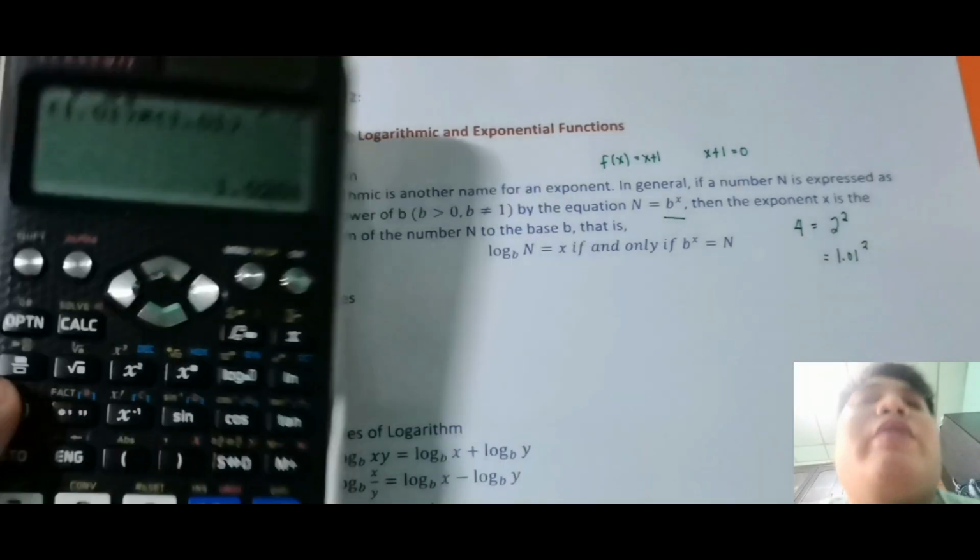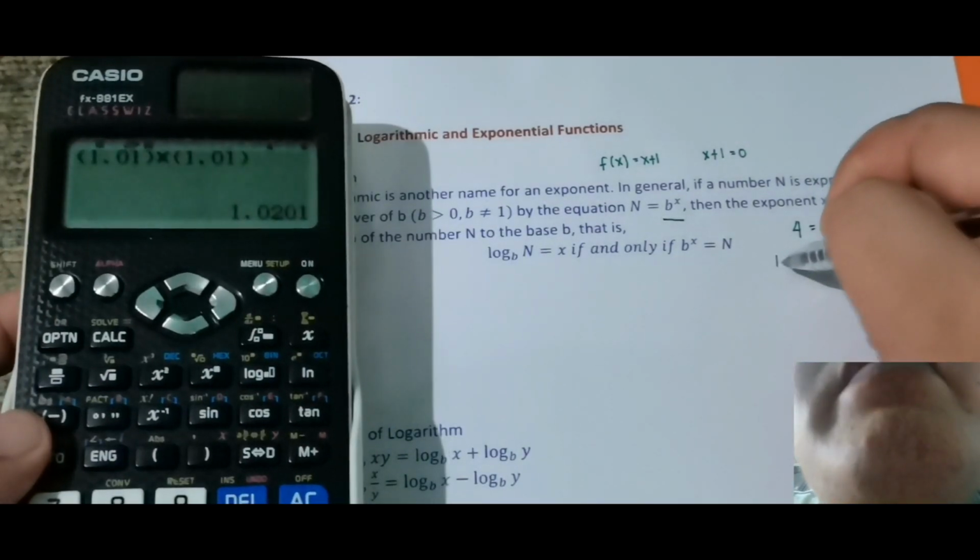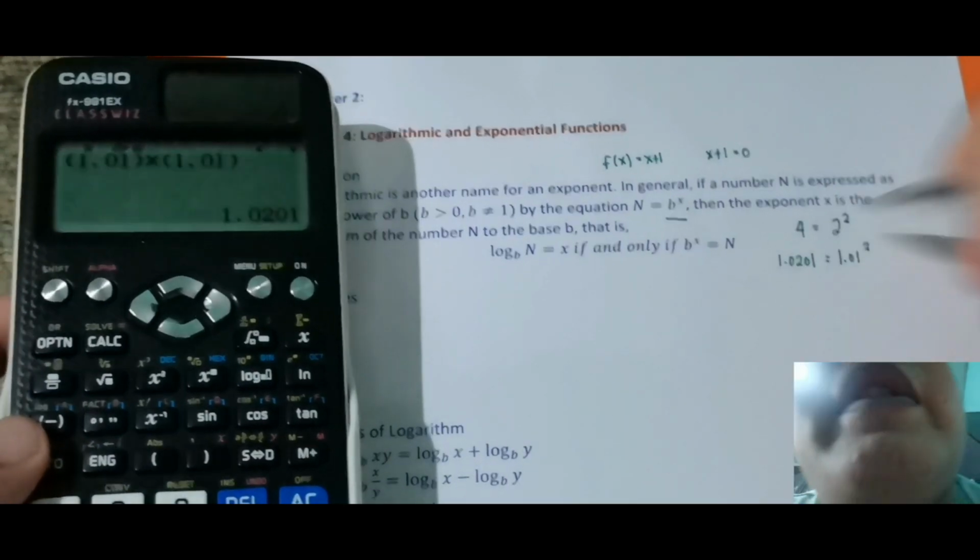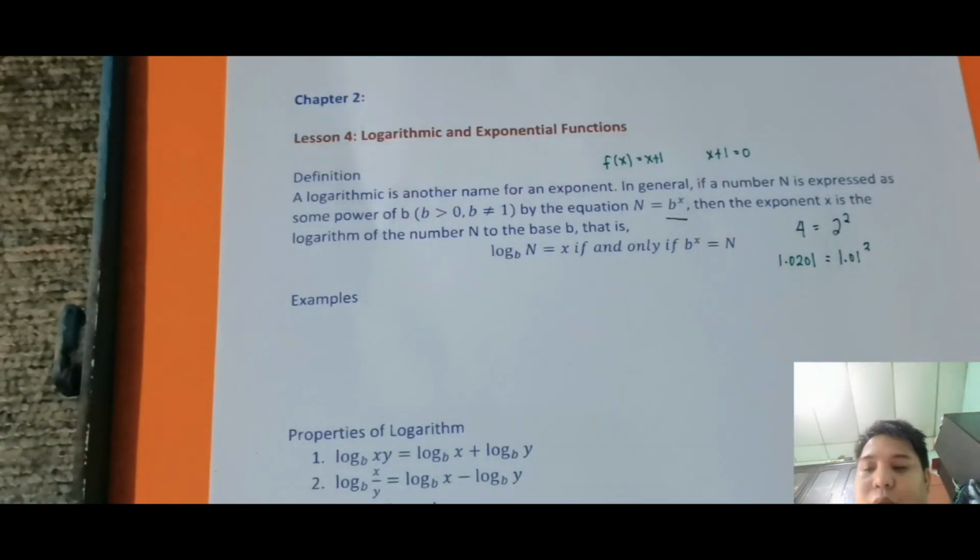Okay, so this is simply 1.0201. Okay, so pwede rin siya i-express as logarithmic function. So again, huwag nyo i-close yung mindset nyo na sa whole number lang siya dapat nag-exist, so pwede rin siya sa mga decimal, pwede rin actually sa mga fraction.